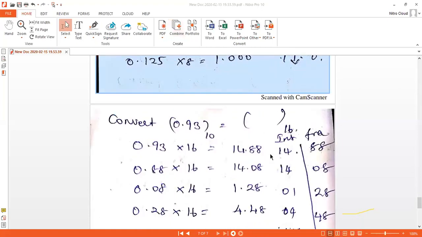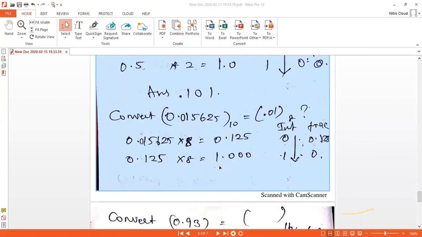Yes, ma'am. Sir, here by converting decimal into octal, we have written the first answer as 0.125 into 8. So we have taken 0.125 into 8. But in the previous conversion, we don't take the answer. Listen first. We don't take the answer. We take the decimal part.